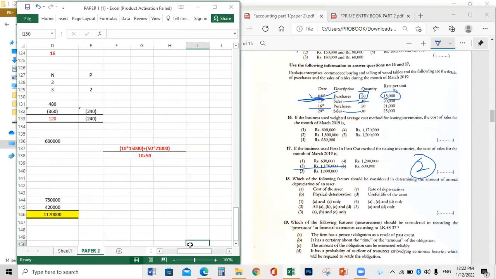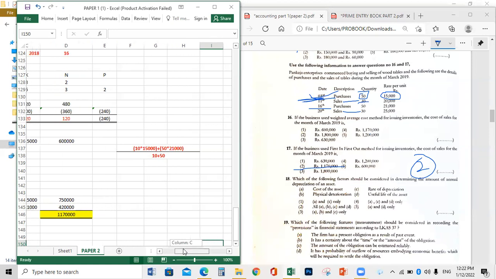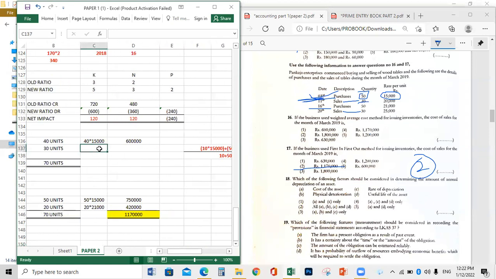Quickly do it and tell me what weighted average price you get. $20,000. Okay, guys, don't say just 20, it's actually 20,000. The weighted average price is 20,000.